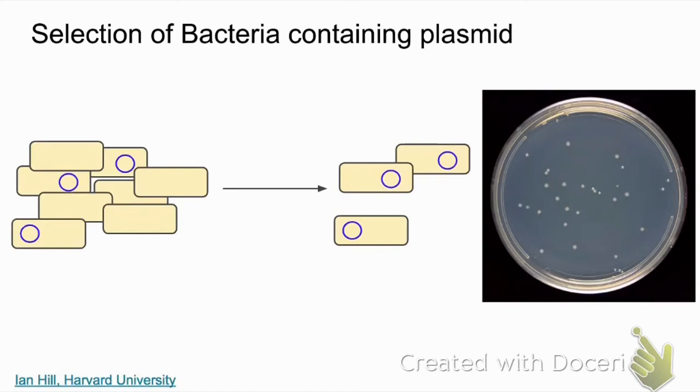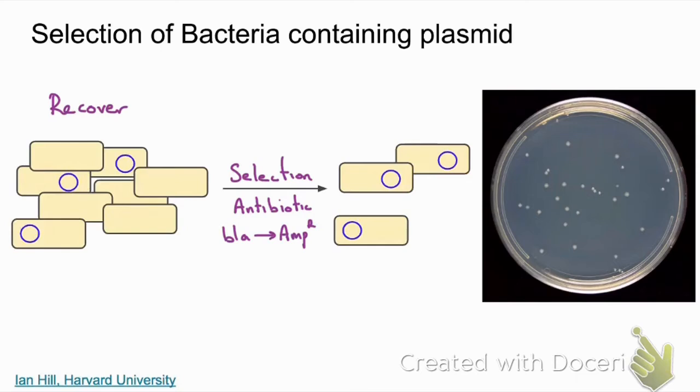And so if we take that population on the left there, after recovery, we can go ahead and select them using antibiotics. So for example, the cloning plasmid that we talked about contained the beta-lactamase gene, which encodes for ampicillin resistance. In this case then, we can select for the bacteria that contain the plasmid.